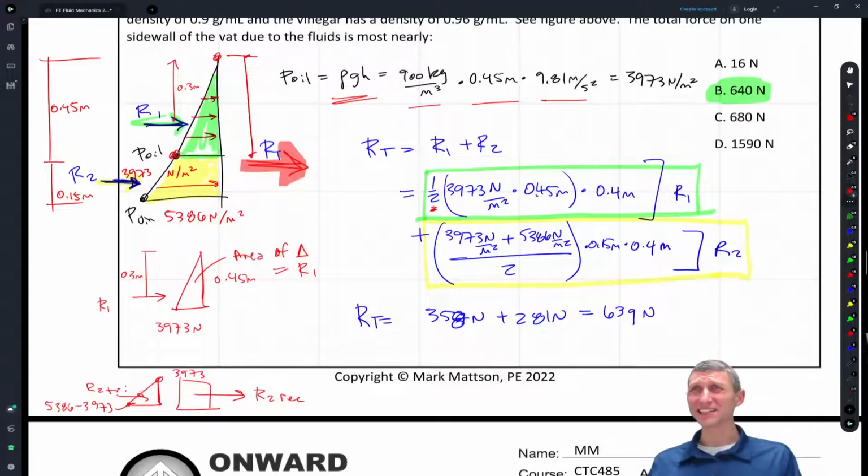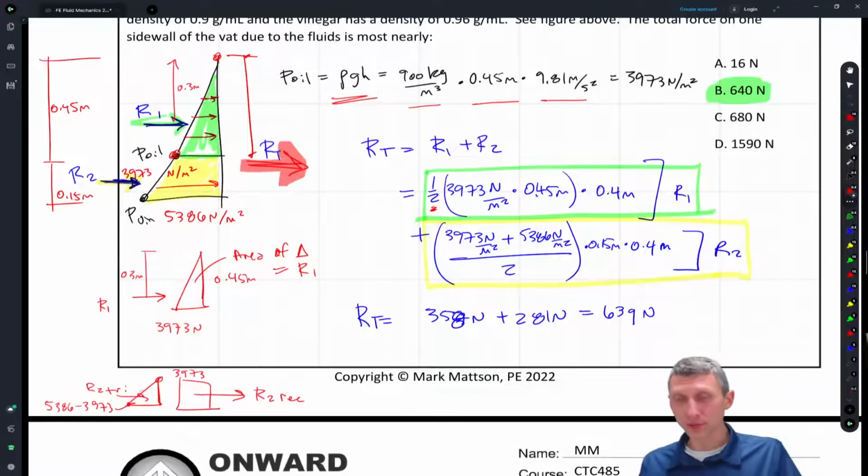I think in the statics section, the statics review, we went over a question where we had to find something along these lines. And honestly, I'd have to go back and look at it to see where that is. But yeah, you are absolutely right that the triangular load, okay, average pressure times area of the sidewall.